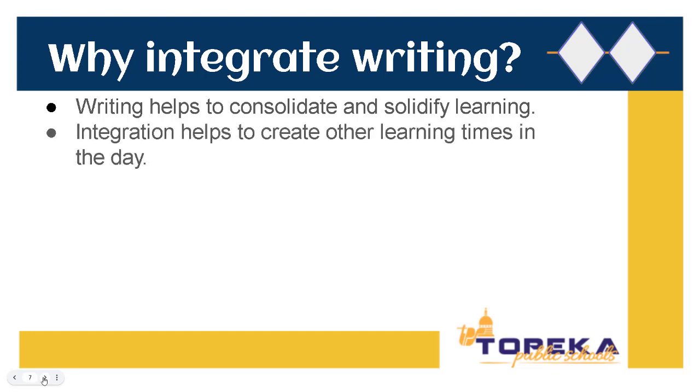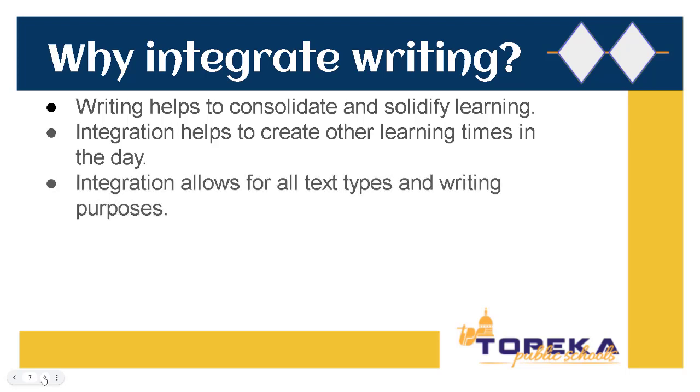It also helps to integrate other learning times in the day, and it frees your schedule for activities that you might not otherwise have. So integrating writing instruction also builds connection to those subjects and allows for additional time during the day.